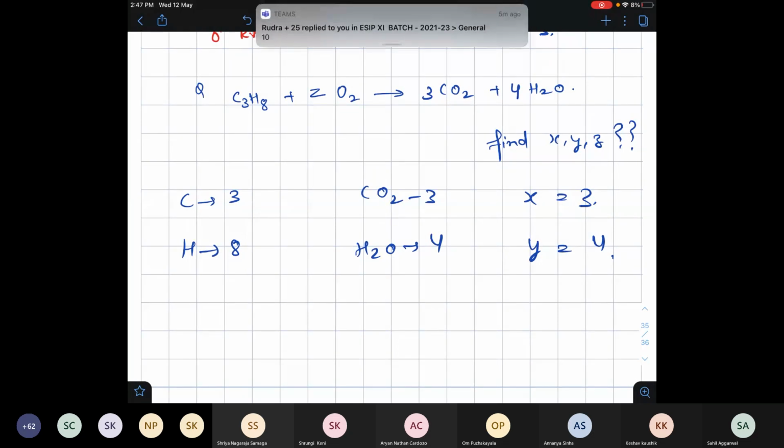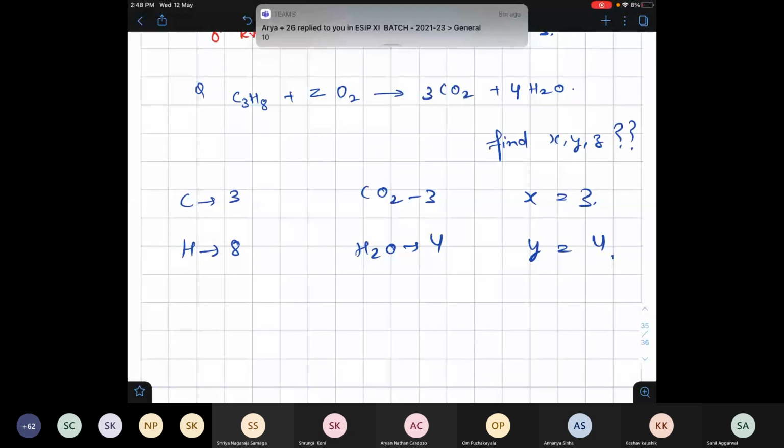How many oxygen right hand side, Shungi? Arya? कैसे बताओ मुझे माइक पे?